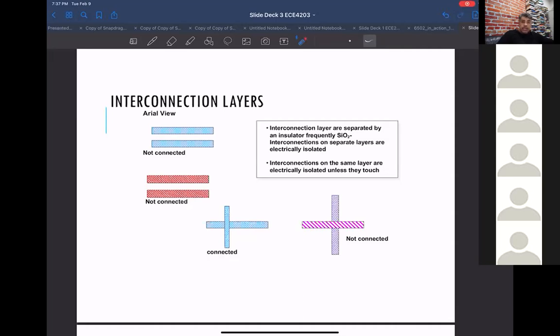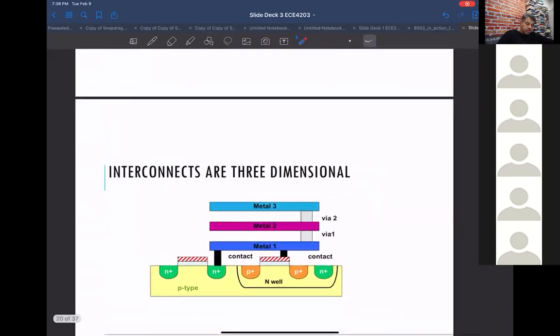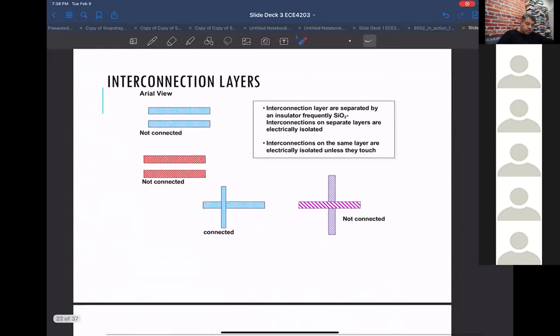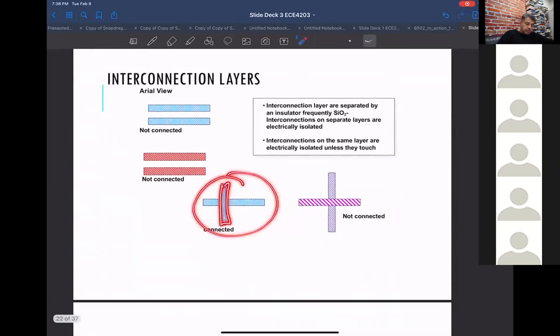They're on different layers and there is no via drawing here that says connect those two together. But if you draw two metal 2 rectangles, they're on the same layer, so they will short.